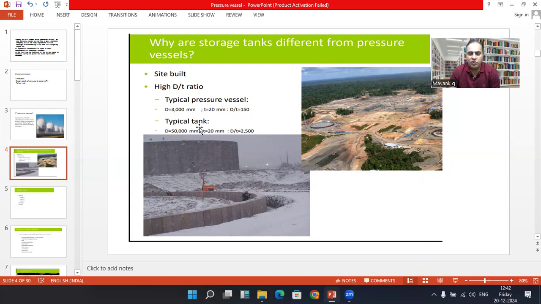In the case of a storage tank, the diameter to thickness ratio is 2500. So this is basically a mathematical calculation method which defines a pressure vessel and a typical tank.